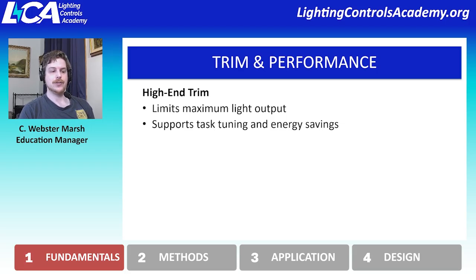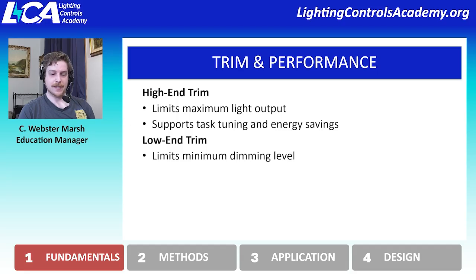Additionally, if there are fixtures that have a huge amount of output, we can tune those fixtures to a level that makes more sense at its fullest level than potentially creating an uncomfortable condition for the people in the space. Low-end trim is the opposite of high-end trim, so it limits the minimum dimming level.